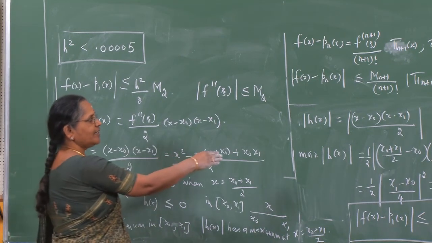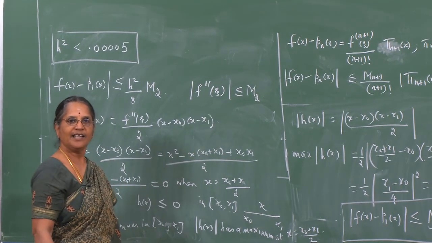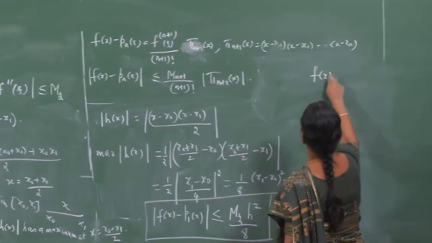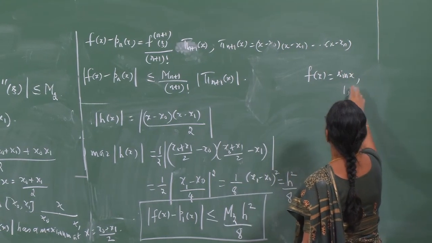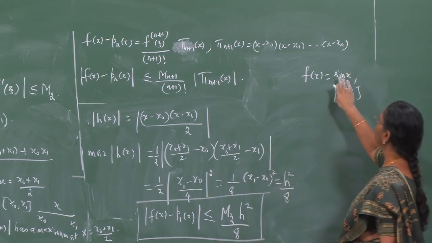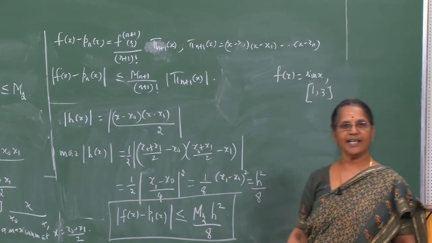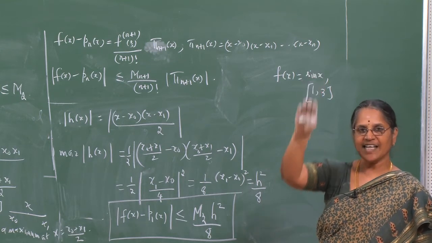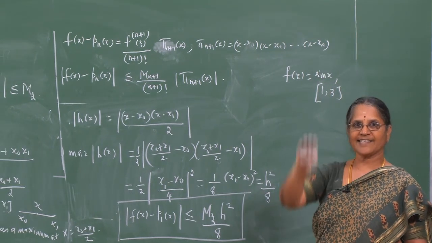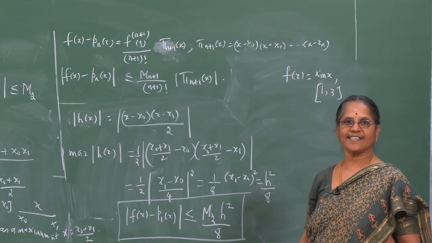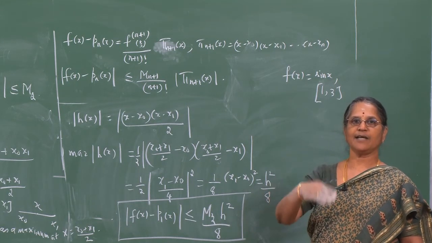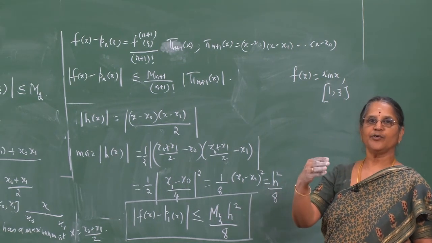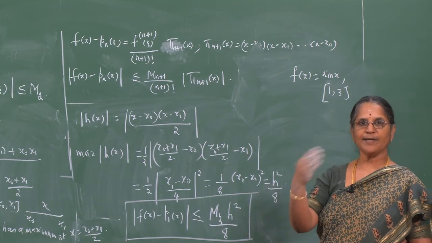So, let us work out the same problem which we had done earlier, namely we have the function f of x equal to sin x in the interval 1 to 3, and we want to approximate this function by a linear interpolating polynomial, using the values of xi and f of xi, which is sin xi, where the points xi must be equally spaced, to obtain a first degree polynomial approximation to sin x.